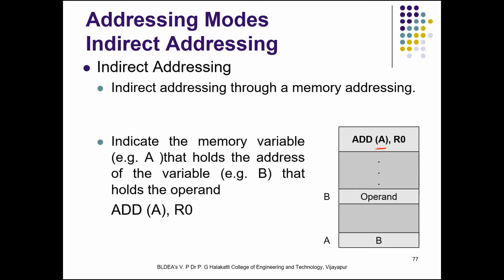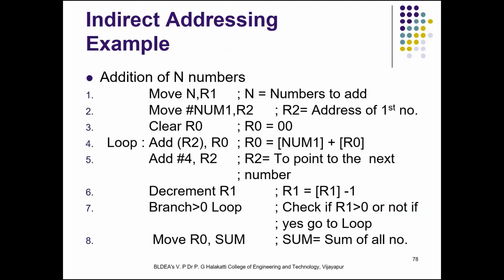So this indicates the memory variable A holds the address of the variable B. B in turn holds the operand. So whenever I write add (A), R0, it is going to add the operand that is stored in B with R0 and it will store the sum in R0.